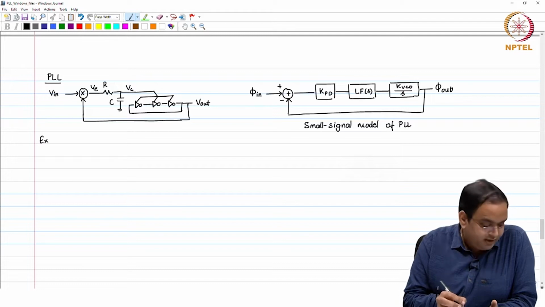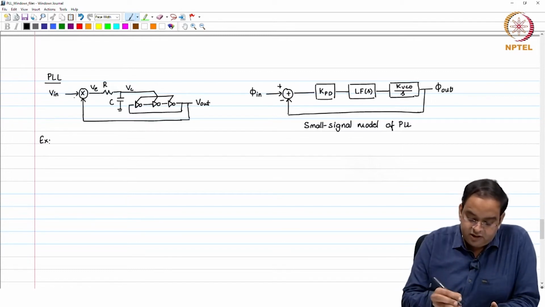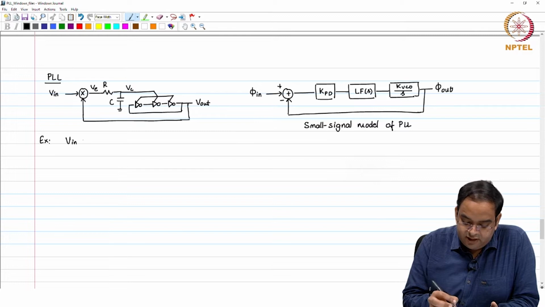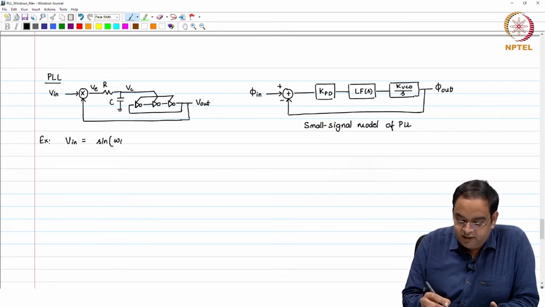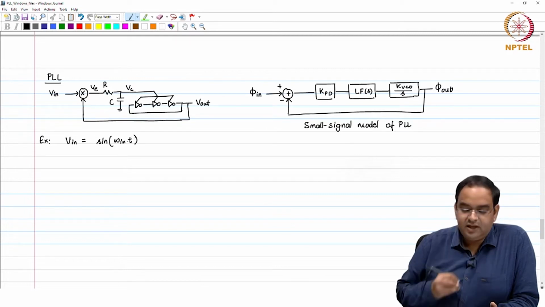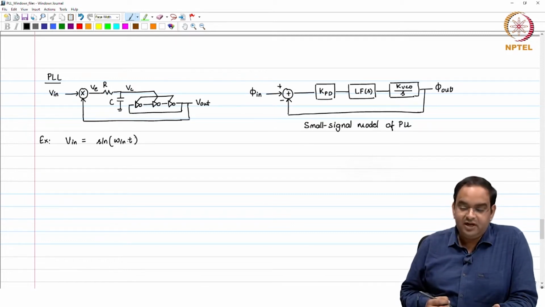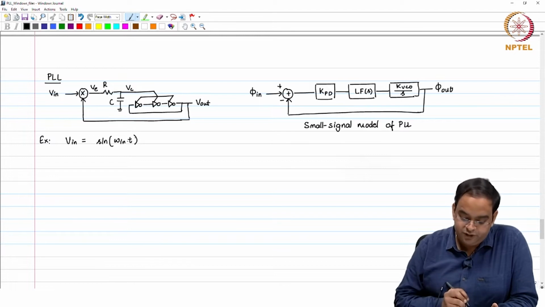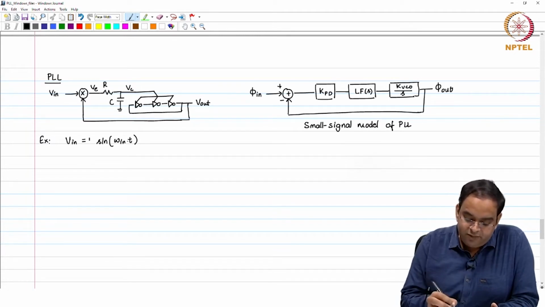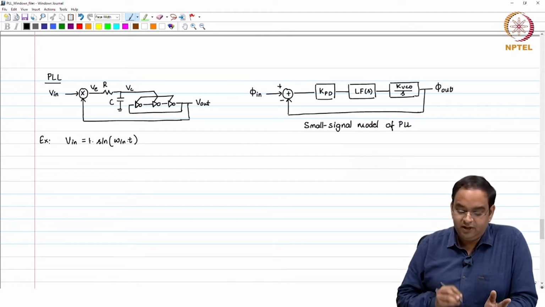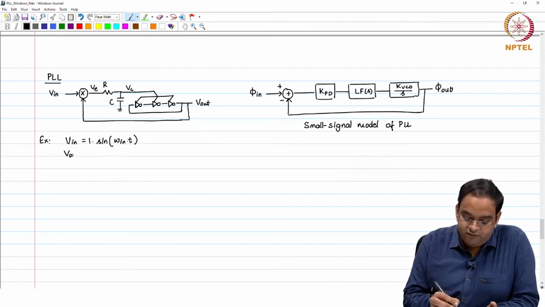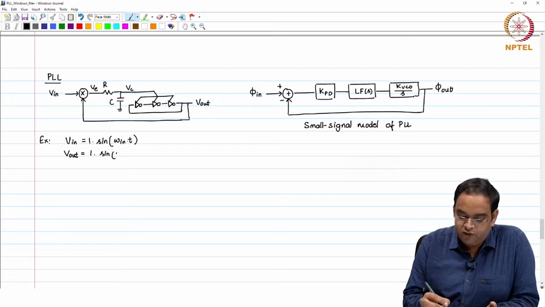So, let us say in our example, V in is sine of omega in times t. Initially, in this example, we will treat the phase offset as equal to 0, and the amplitude is also 1, just to simplify our calculation. And V out is 1 times sine of omega out t.